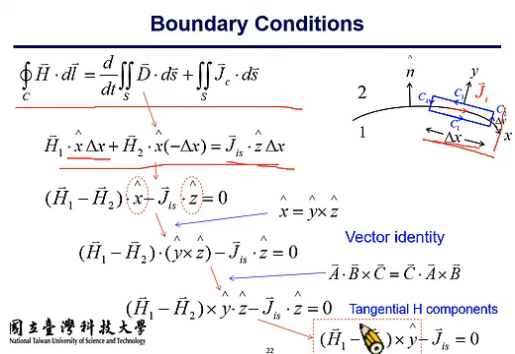So you actually account only for the tangential component of magnetic field intensity above and below the interface. This means the difference of the tangential magnetic field components equals the surface current density on the interface.